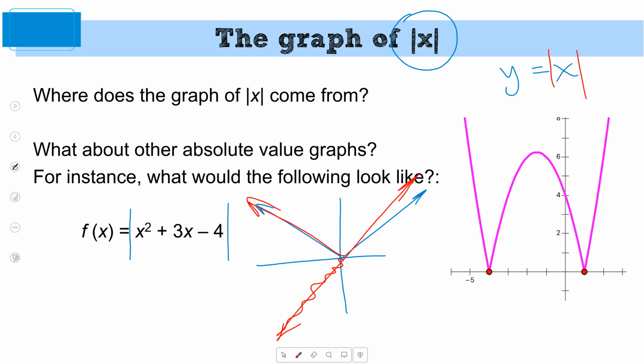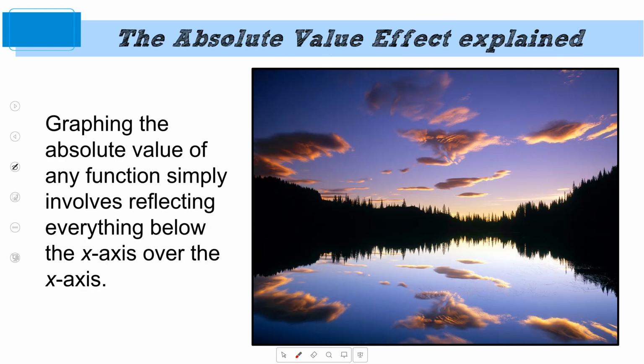If I had g of x equal to the absolute value of x squared plus 2, the absolute value does absolutely nothing to the function because you can never spit out a negative number. X squared plus 2 is always positive, doesn't matter what you put into it. Okay? Problems, questions? We're good to go?